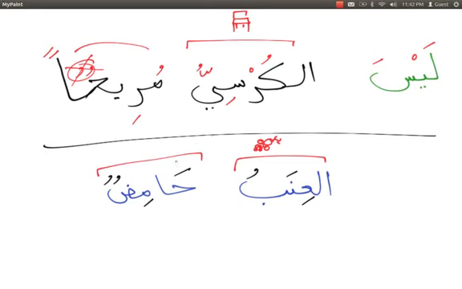Now, how do we negate that? How do you say that the grapes are not sour? Well, in Arabic, as we said, all we need to do is to add the word ليس or ليست to the sentence. In this sentence, we will choose ليس. Remember we have to change the ending here.